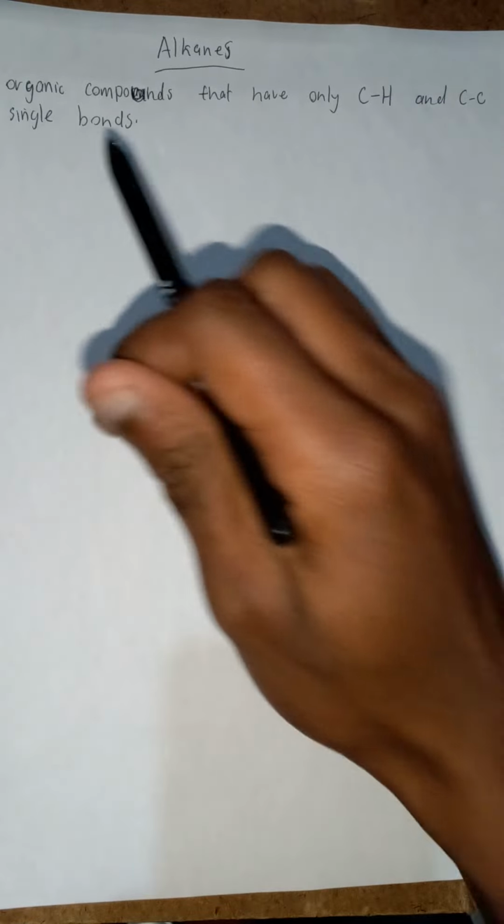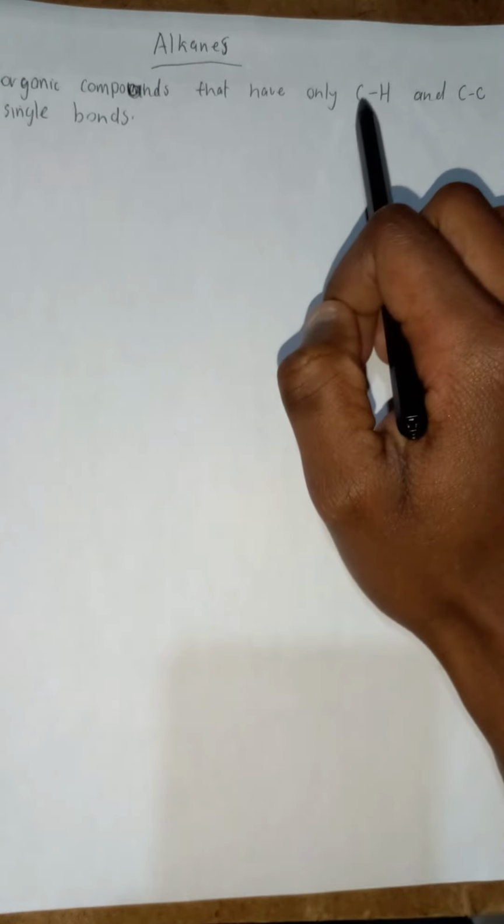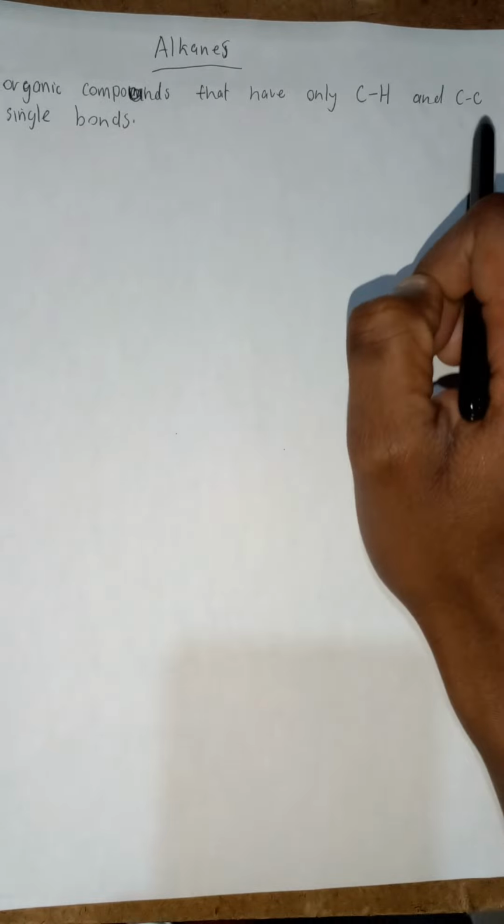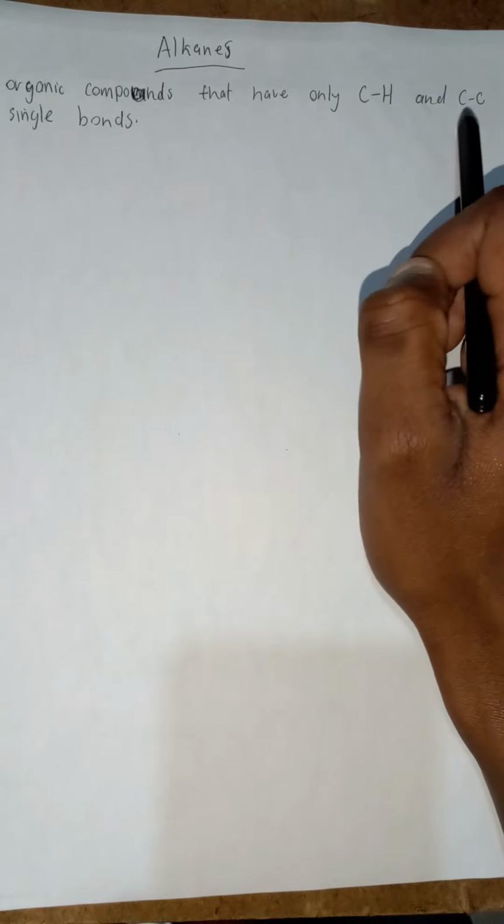Basically, these are compounds that have a carbon hydrogen bond and also a carbon carbon bond, but the carbon carbon bond has to be a single bond. So alkanes are compounds that consist of single bonds between two carbon atoms.